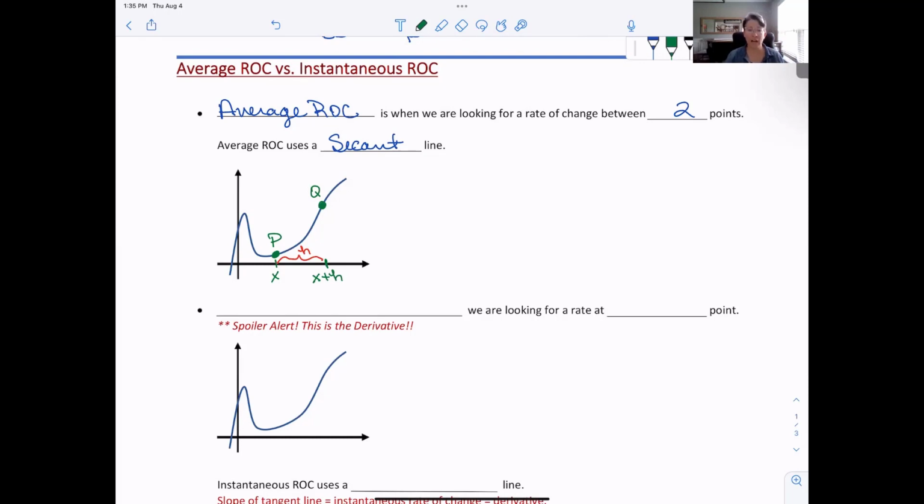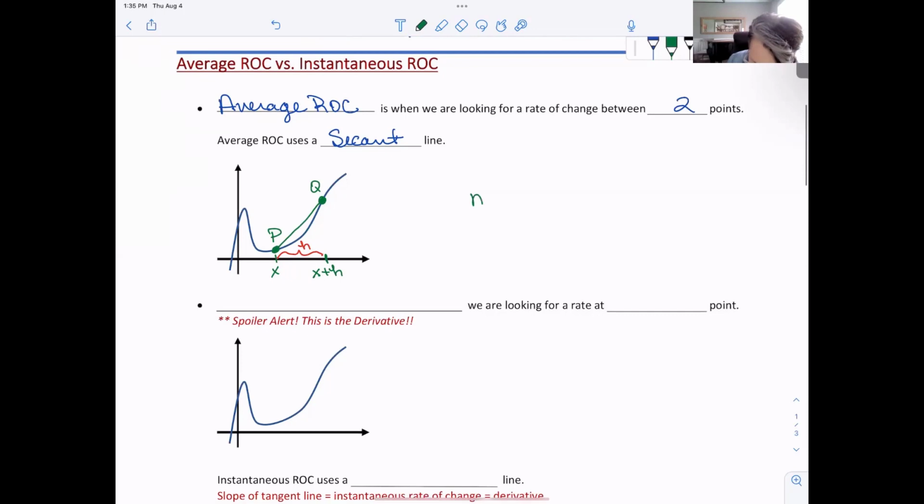So if we're to find the slope of that secant line, that line between P and Q, we're taking an average. So the slope of a secant line, we can say, is the function value at x plus h minus the function value at x. Again, this is representing the Q, this is representing the P, that output value, divided by the difference in their x's.